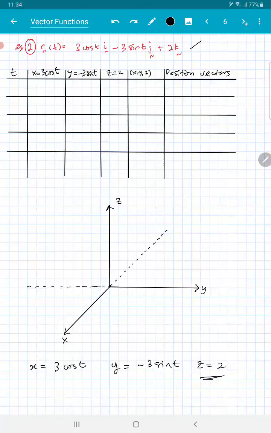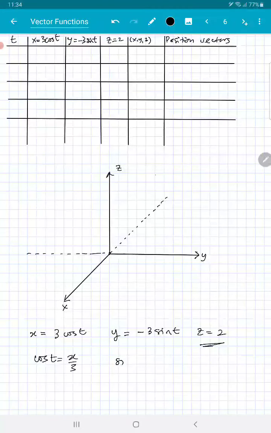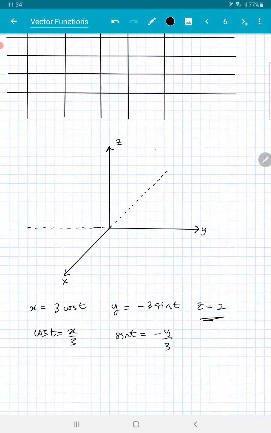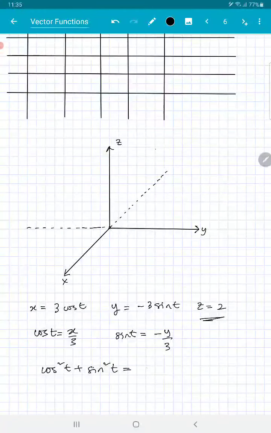Now what we're going to do is eliminate parameter t just like in example 1. From the parametric equation for x, we can see that cos t is equal to x over 3, while sine t is equal to negative y over 3. And then we're going to use the trigonometric identity where cos squared t plus sine squared t is equal to 1.